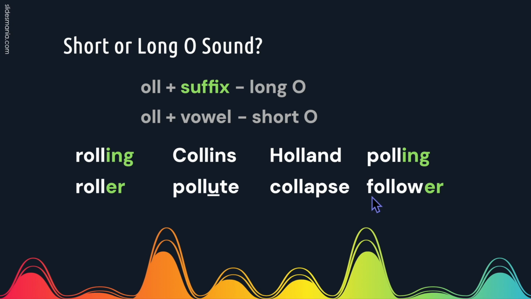Collapse. Here we have the word follow, because OW says O in this word, and then we've added the suffix, but the suffix here does not come right after the OLL, so it does not change the pronunciation of this O. So this word is follower.